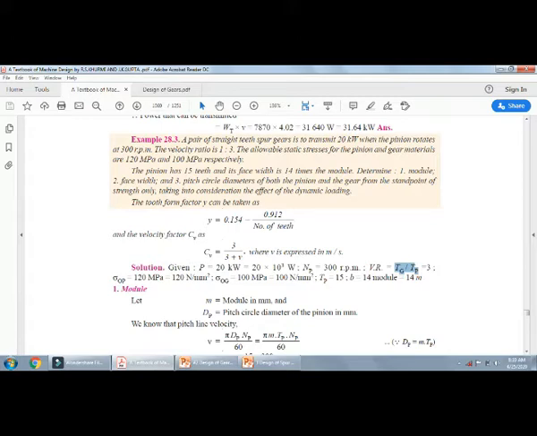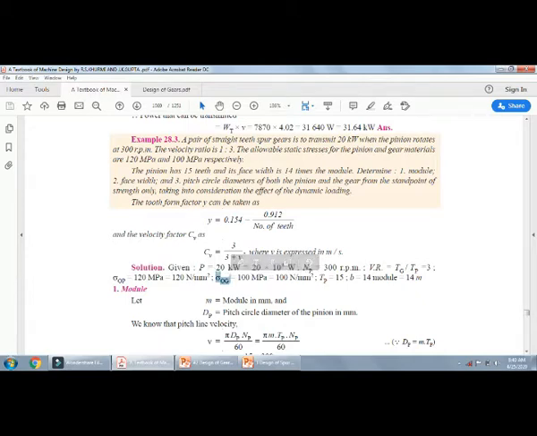Then the allowable static stress for the pinion and gear materials are 120 megapascal and 100 megapascal. So, here sigma naught p is equal to 120 megapascal and sigma naught g is 100 megapascal. We have covered it in our design procedure. This is the sigma naught for pinion and this is the sigma naught for gear.